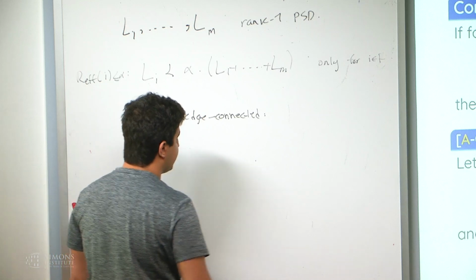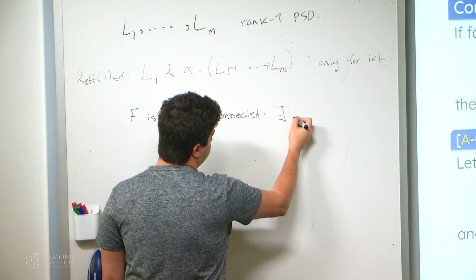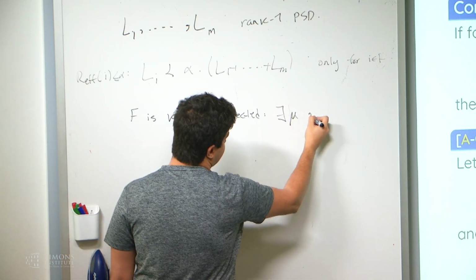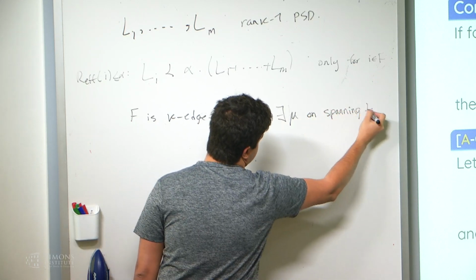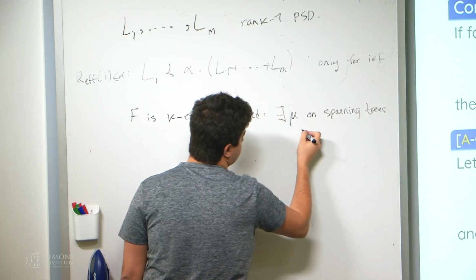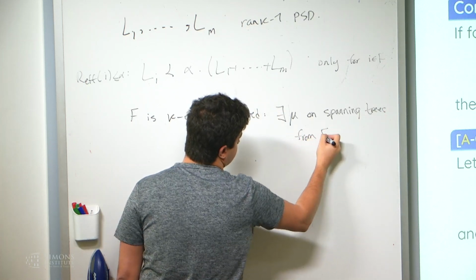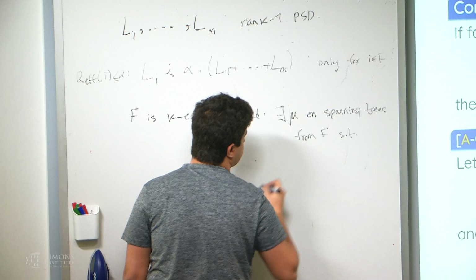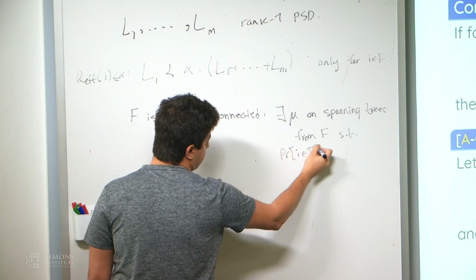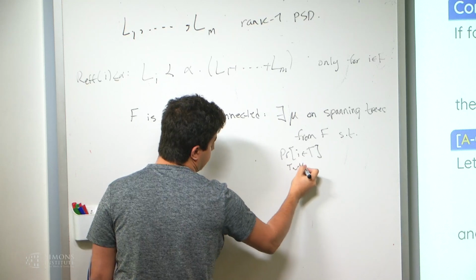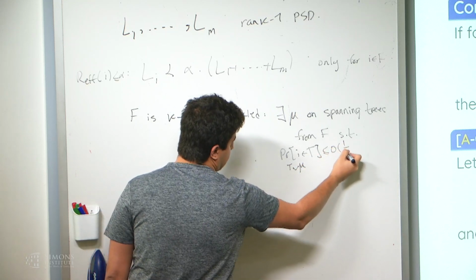So by the statement that I just erased, there exists some distribution mu on spanning trees from F such that the probability that i is included in a tree sampled from mu is at most 1 over k.